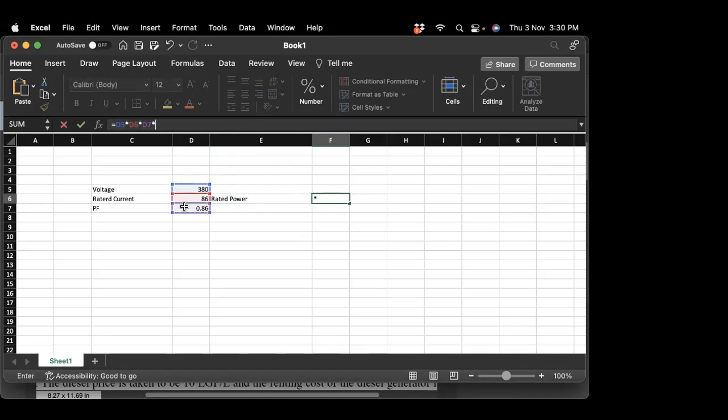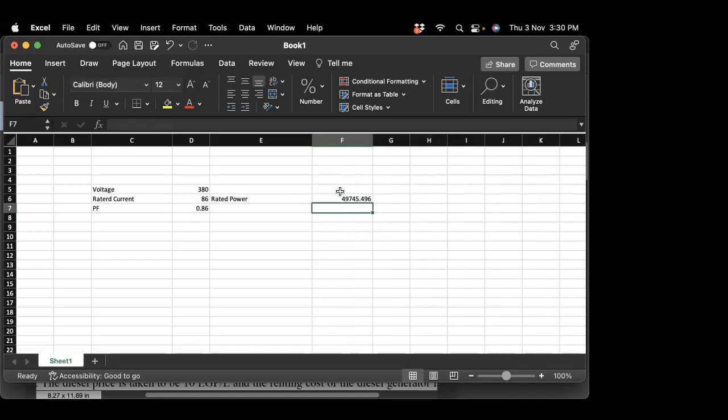And don't forget, this is a three-phase voltage, so we have to multiply by √3, which is approximately 1.73. The unit here is watt, so this is the power in watts. You can calculate the same power in kilowatts.